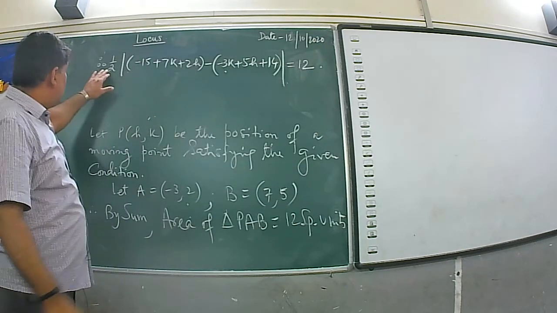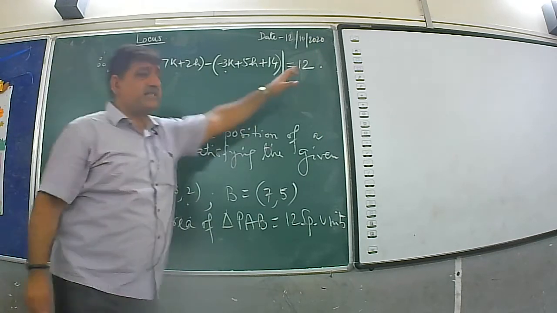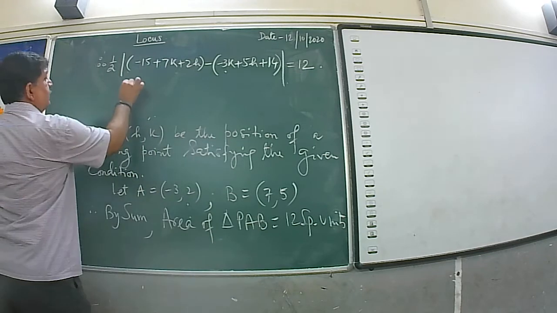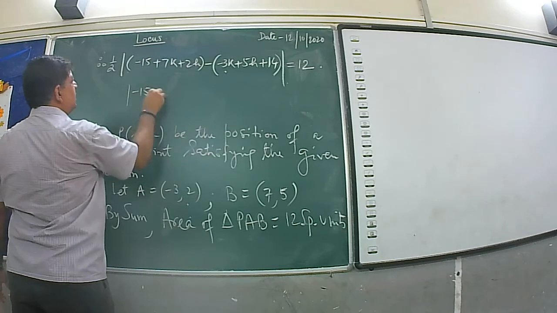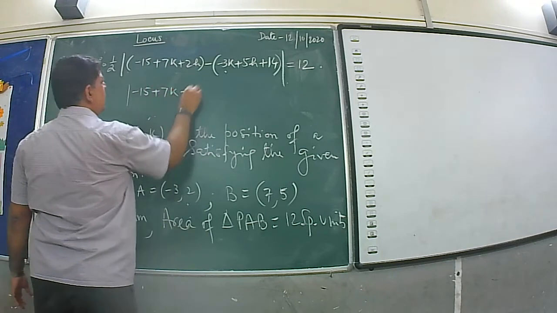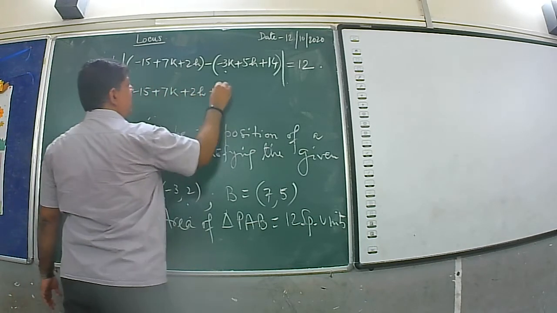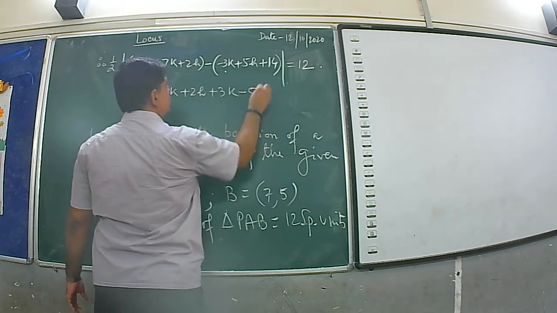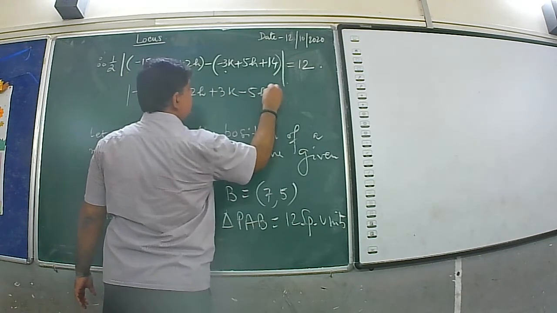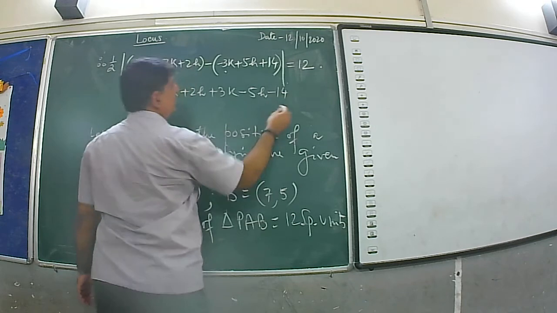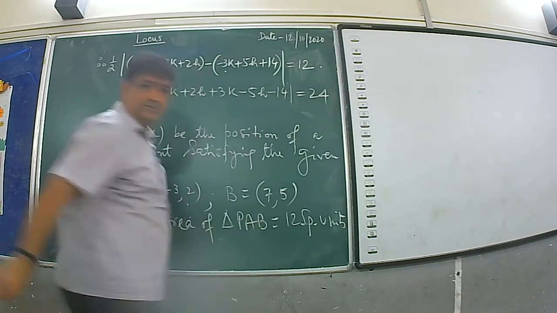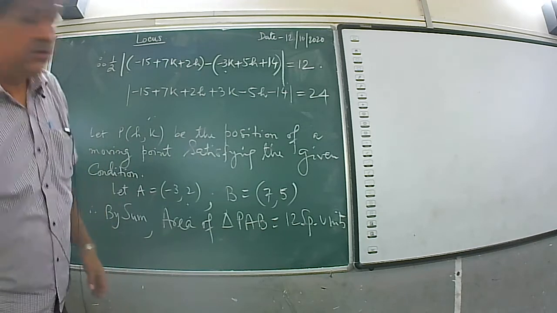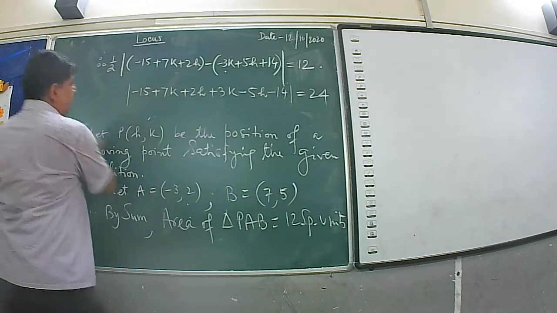Now boys, you can take this 2 to the right hand side. What happens? Therefore modulus, open this bracket: minus 15 plus 7k plus 2h plus 3k minus 5h plus minus 14, modulus closed, is equal to 24. This thing you will get. Again, we will try to simplify this result.